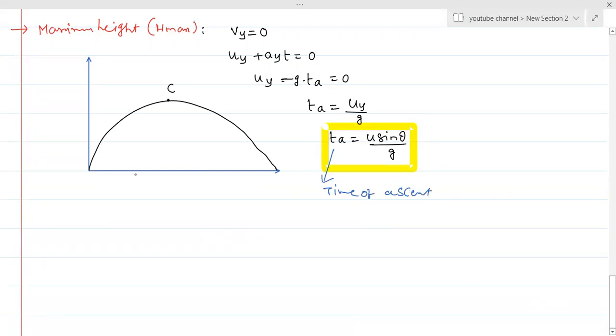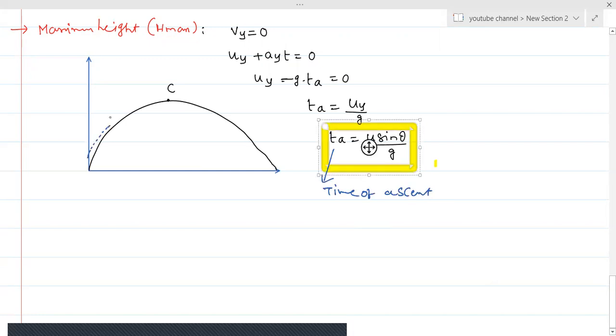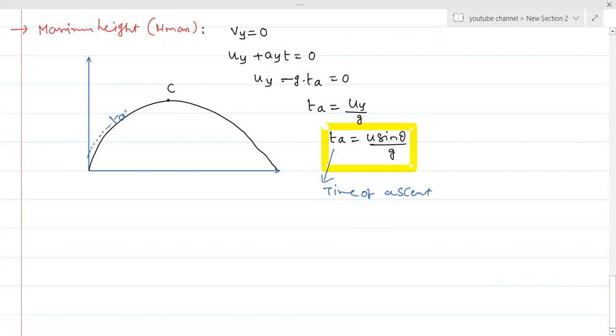And next we need to think of maximum height. In the diagram, this will be the time of ascent, and this will be the maximum height.